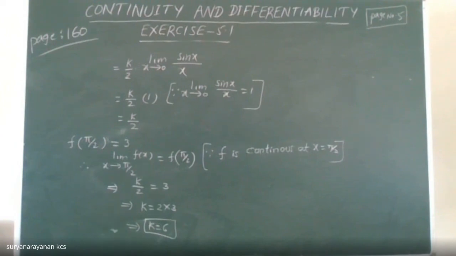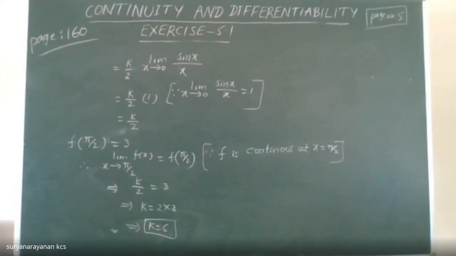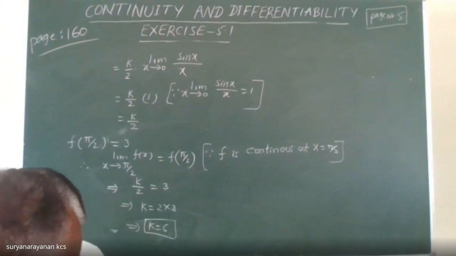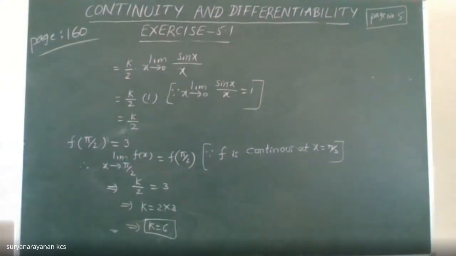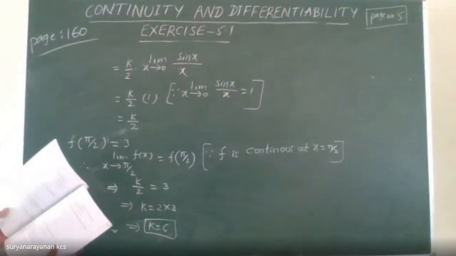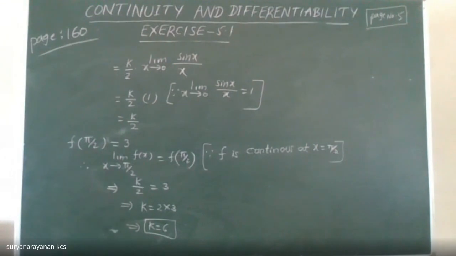Have you taken a screenshot? Yes, sir. Will you try question numbers 27, 28, and 29, the remaining three questions, finding the value of k with the same procedure? Yes, sir. Now question number 30 also.